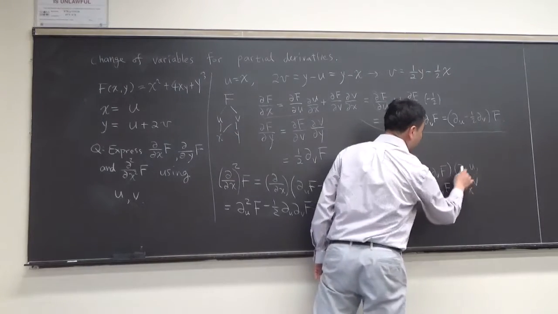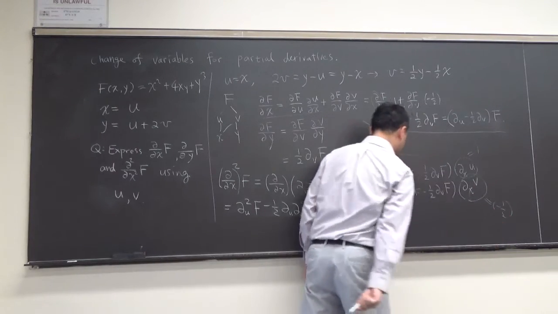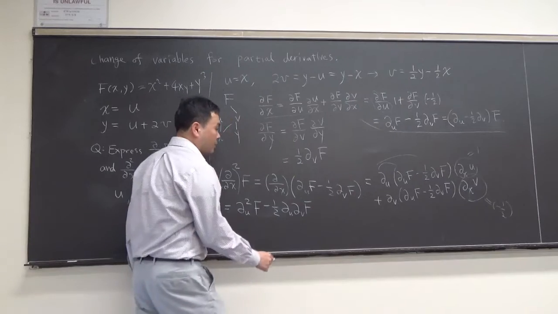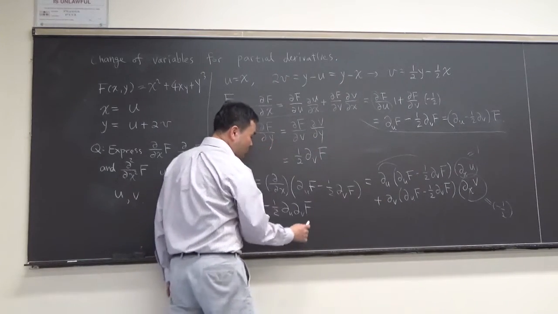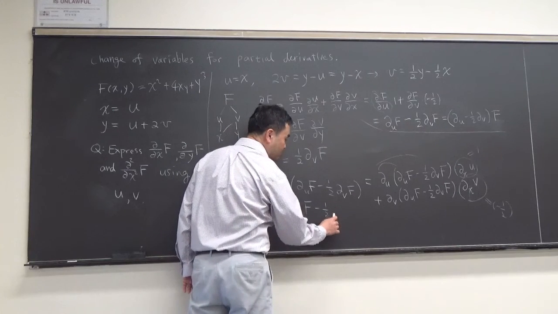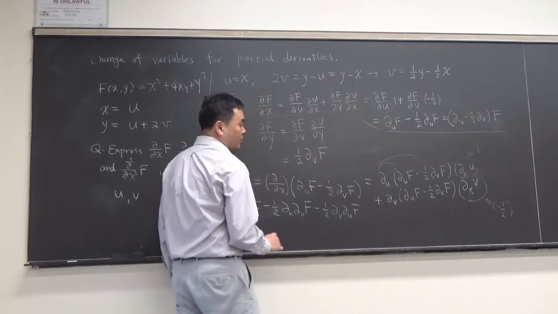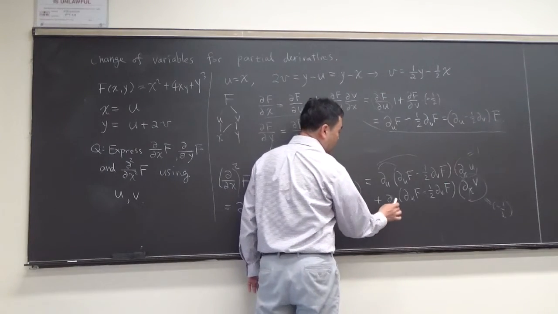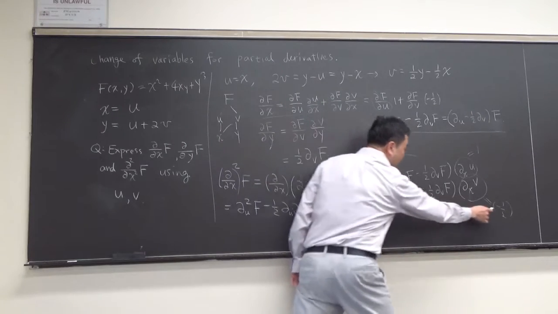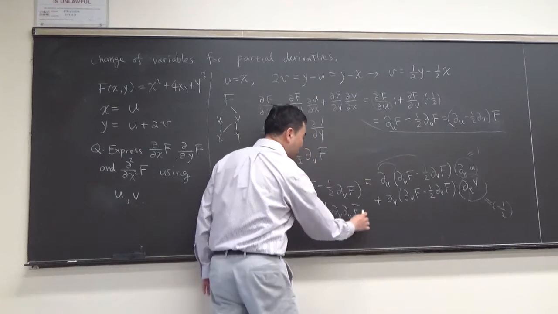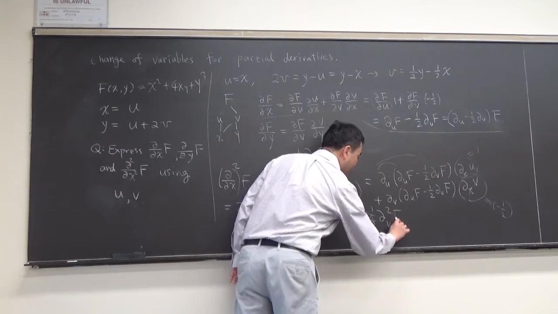This is just 1, we already know that, right? And this is just equal to negative 1/2, that we already know, okay? So when you multiply these two, there is a minus 1/2 in front, so it would be negative 1/2 ∂v ∂u f, and then this times this, with negative 1/2 times negative 1/2, will be plus 1/4, so it will be 1/4 derivative of v squared of f.